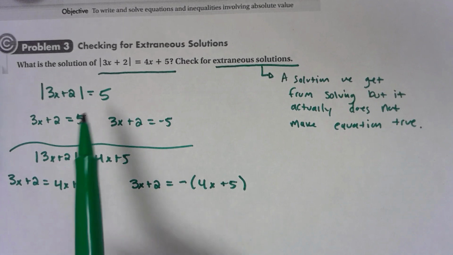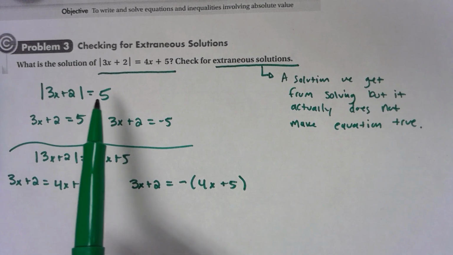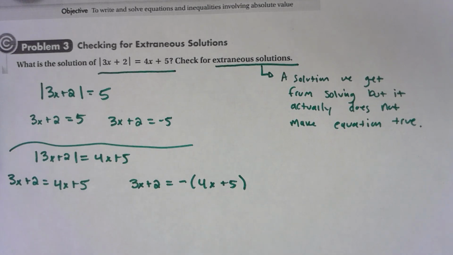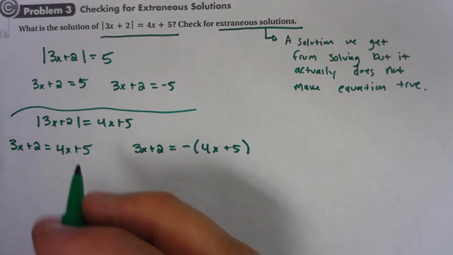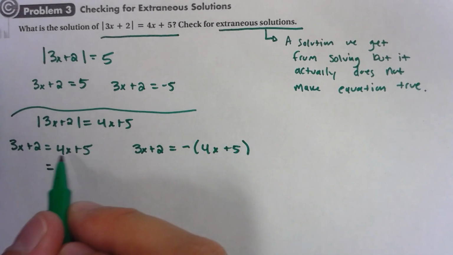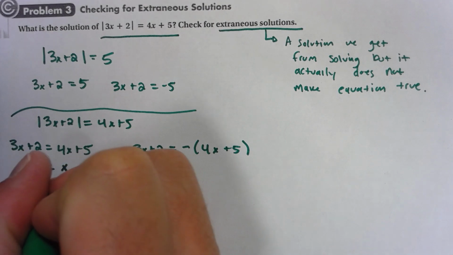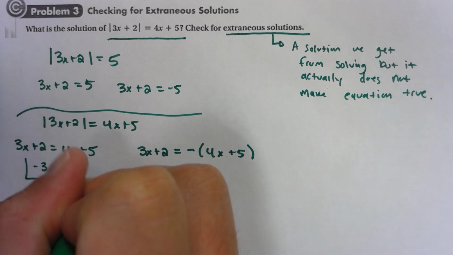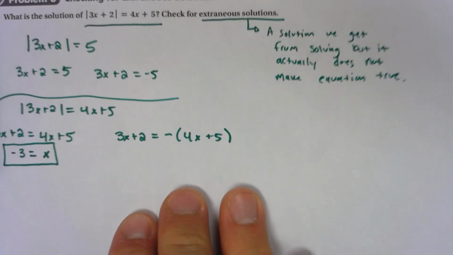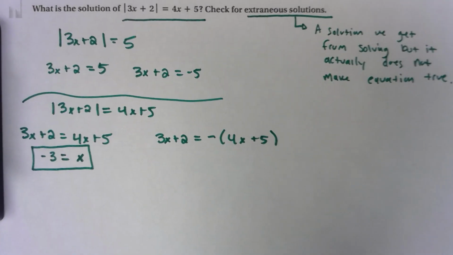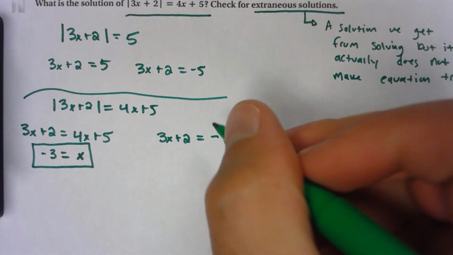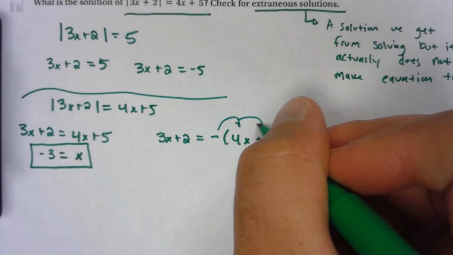Okay, so it really isn't much different than when we have the absolute value equal to a number, at least not yet. To solve, I'd subtract 3x. I get 1x. Subtract 5 and get x equals negative 3. On the right side, I'm going to distribute this negative.